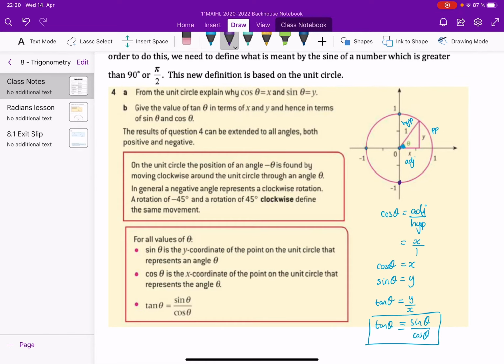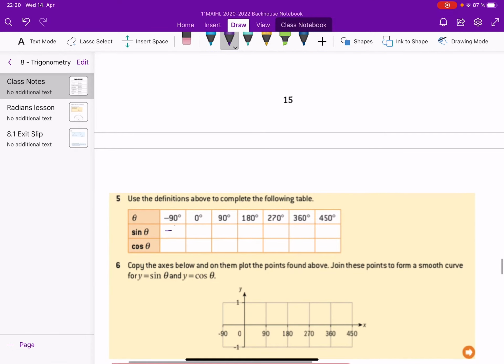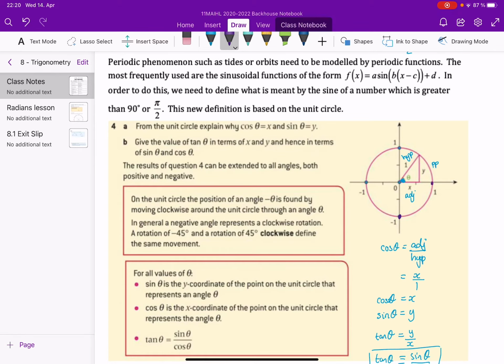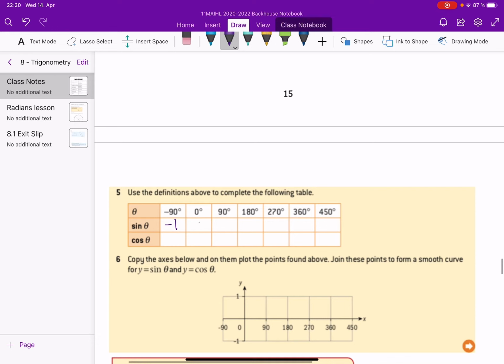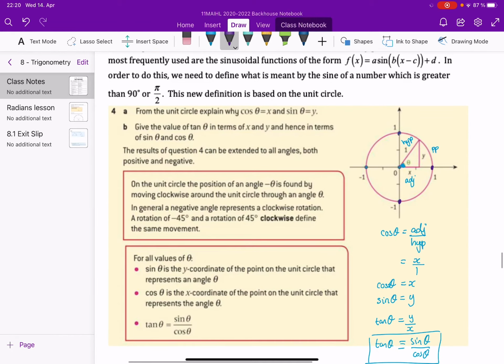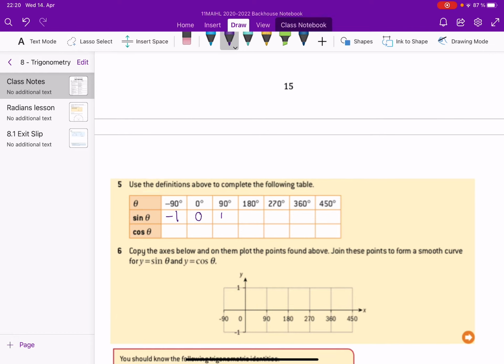What's our y value there? It's negative 1. Then 0, 0 is over here. What's our y value here? Our y coordinate is 0. So sine of 0 is 0. Next one is 90. When we're up the top here, what's our y coordinate? It's 1. So sine of 90 is 1.